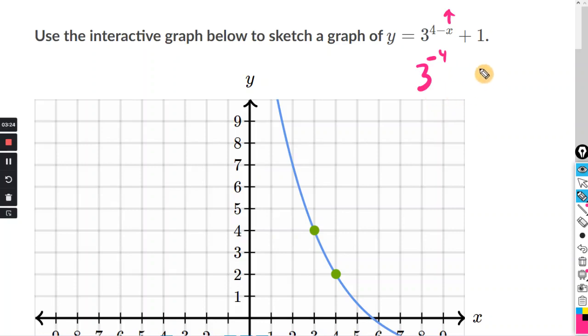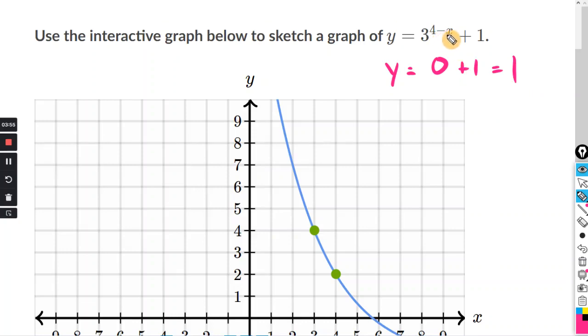But we know that is the same as 1 over 3 to the 4th, 1 over 3 to the 5th. So as x increases, this actually gets smaller and smaller. It can never be negative, however. So the smallest this could be is just 0, in which case you would get y equals 0 plus 1, which equals 1. In fact, it'll never even reach 1.